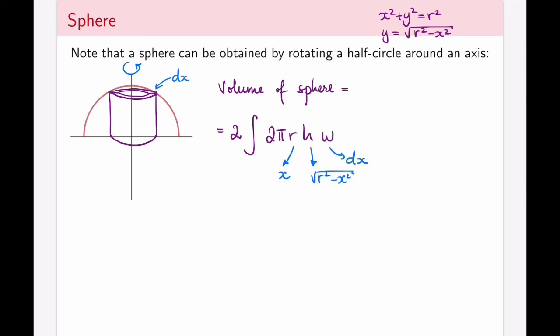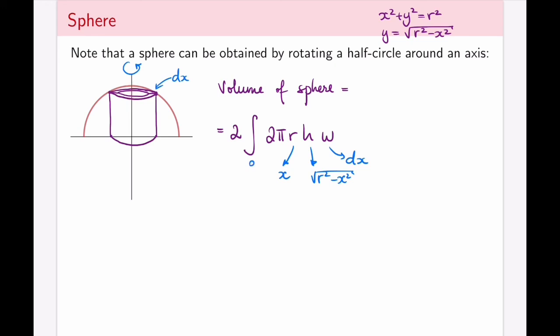Okay, and now again, thinking about the limits in terms of my x. My x is what my radius is. The smallest radius of any cylinder that I can build is going to be 0, corresponding to the cylinder right there.